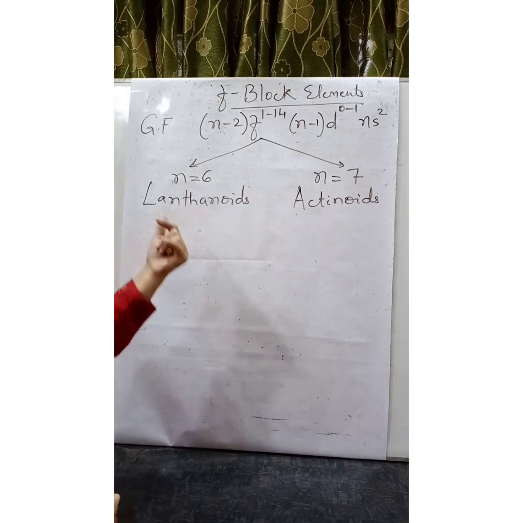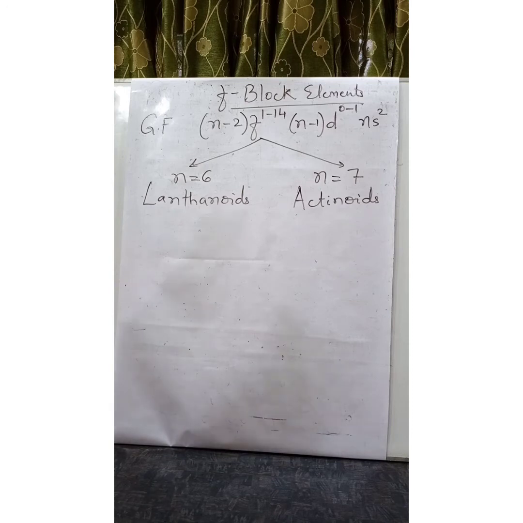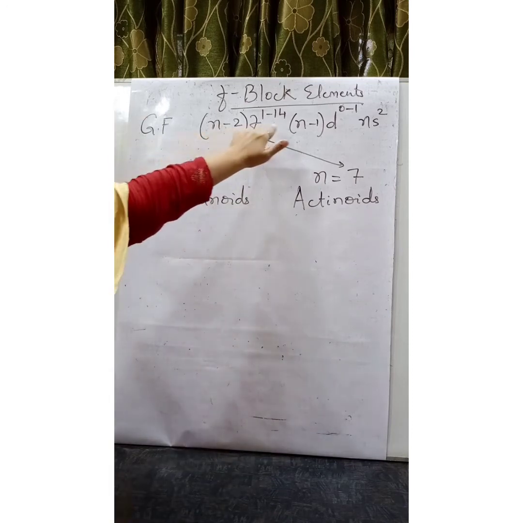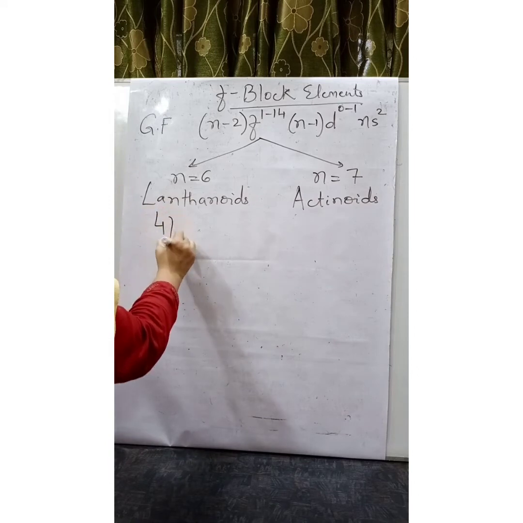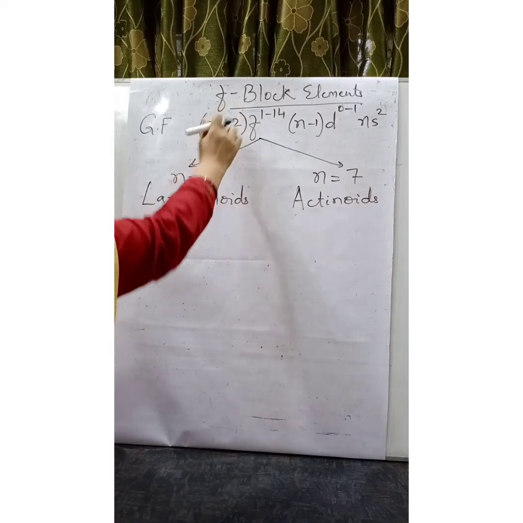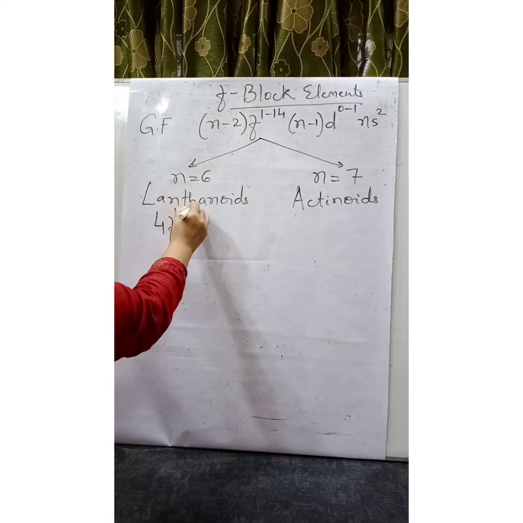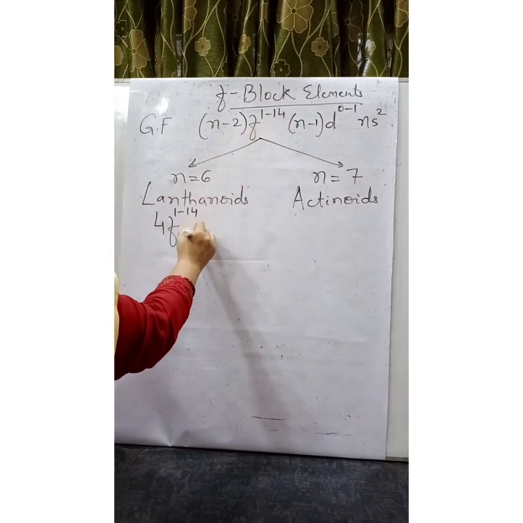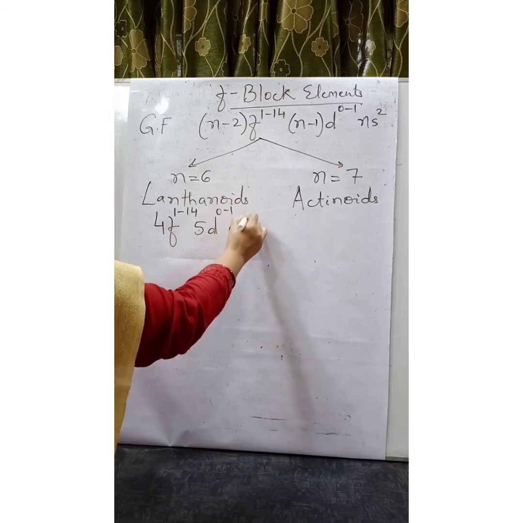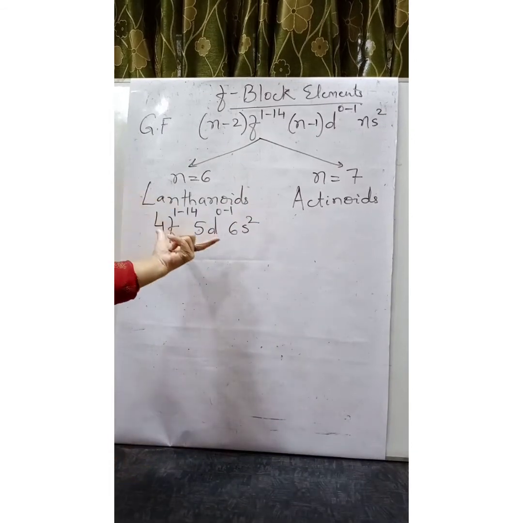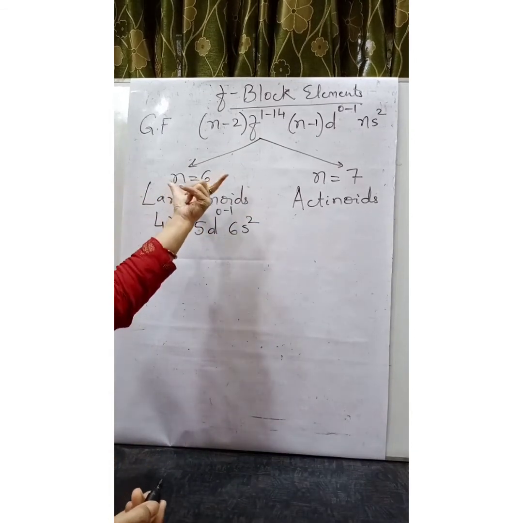Let us work out the general electronic configuration of both. Substituting n equal to 6 in the general equation, we get 6 minus 2, 4f1 to 14, 5d0 to 1, 6s2. This is the general electronic configuration of lanthanoids.